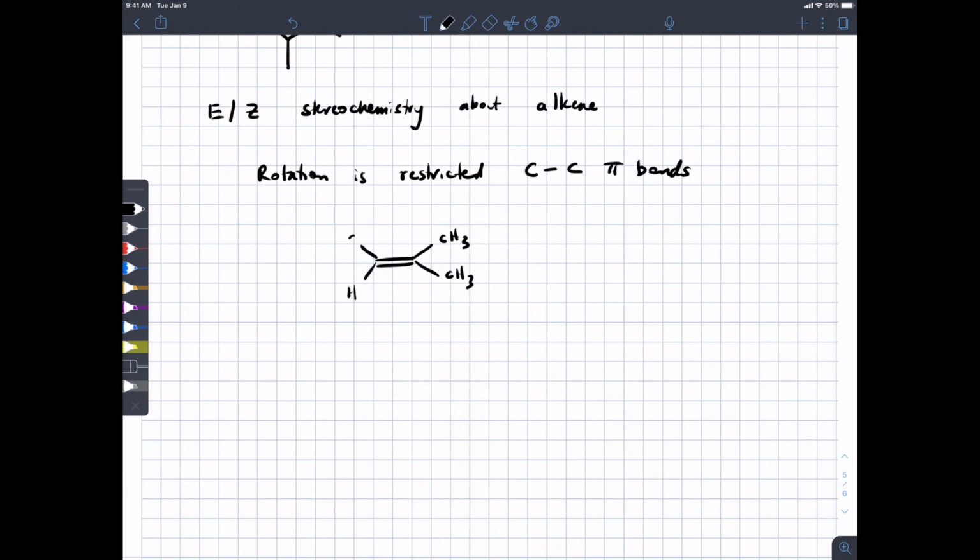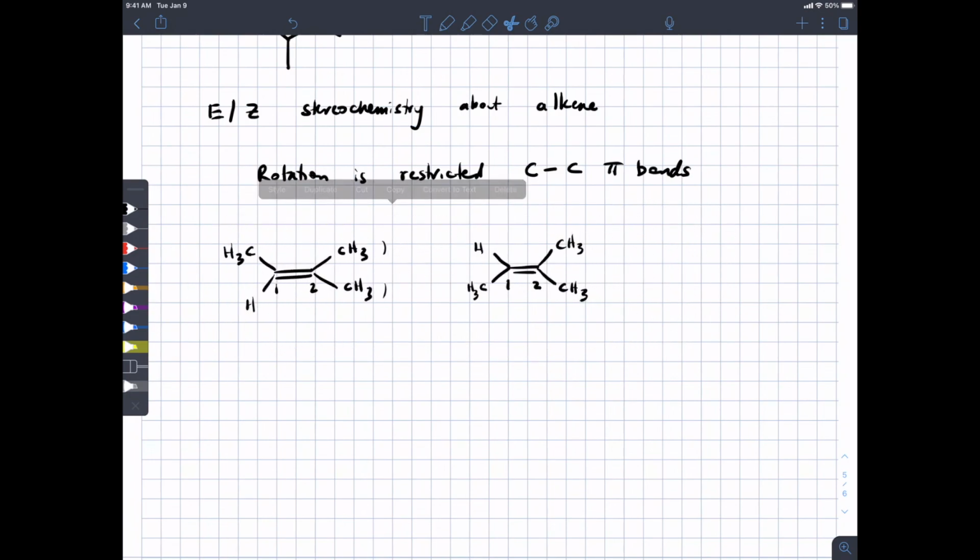Even if there's different things on the other carbon, we'll call them carbon 1 and 2, because there's two methyl groups here, it doesn't matter whether I put the methyl group on carbon 1 down or up, I get the same thing. If you can't see that those things are the same, then you need to practice with your spatial reasoning.